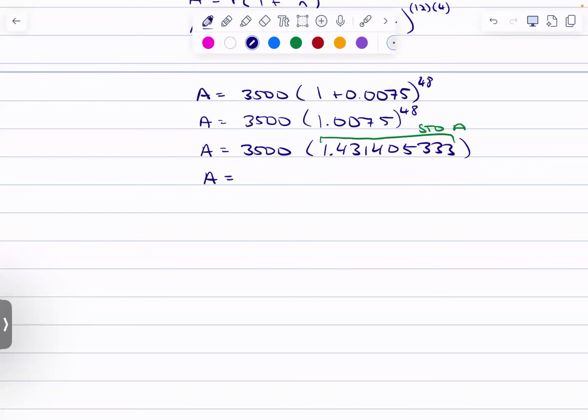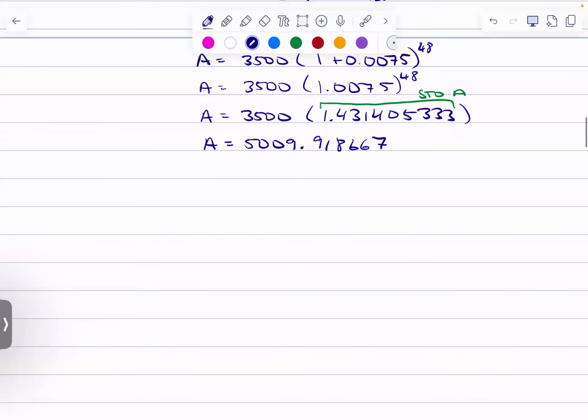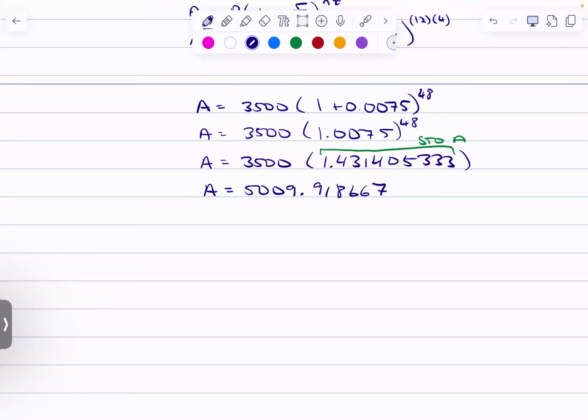If I multiply by 3,500, I get 5,009.918667. I would like to see all the decimal places, but then, of course, money we round to 2 decimal places.